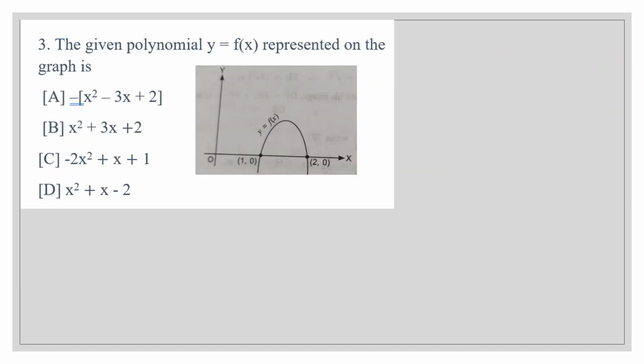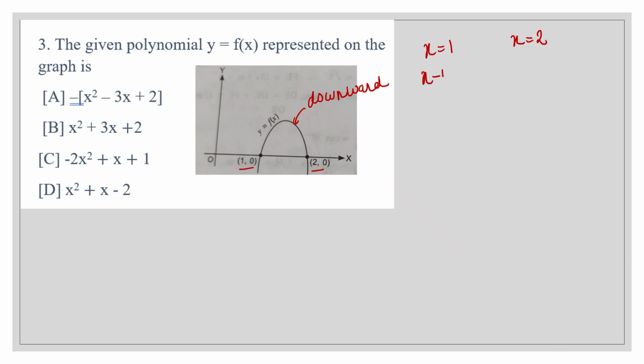Question number 3. The given polynomial y is equal to f(x). It's a downward graph, or you can say a downward parabola, represented on a graph. These are their zeros. So x is equal to 1 and x is equal to 2.